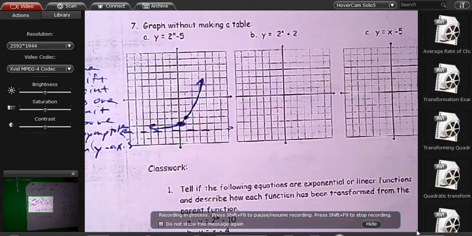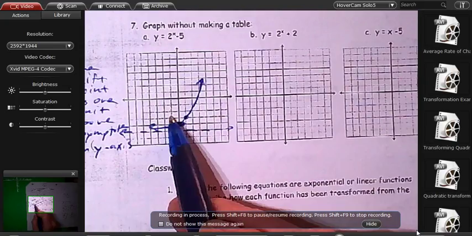If it's decay, would I put that point up 1, right 1? No. Why? Because the decay function goes down to the right instead of up to the right. So I would need my point over here instead, so that it would give me a down to the right look. All right, so there you go.